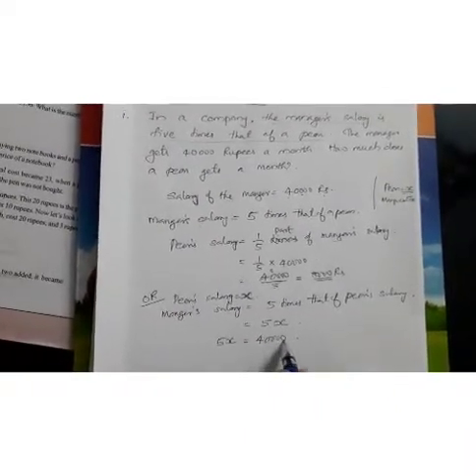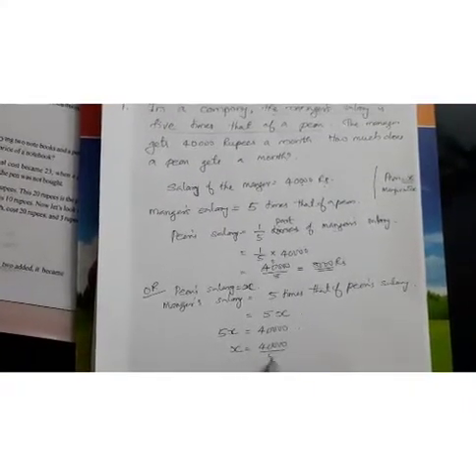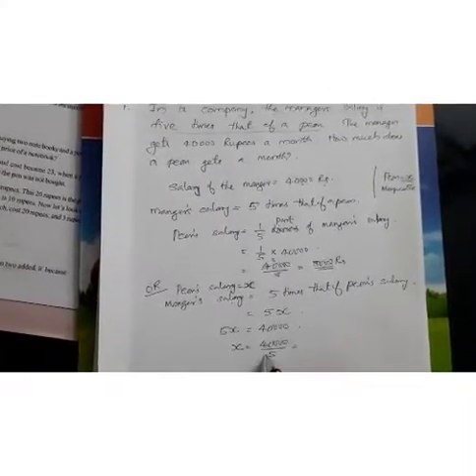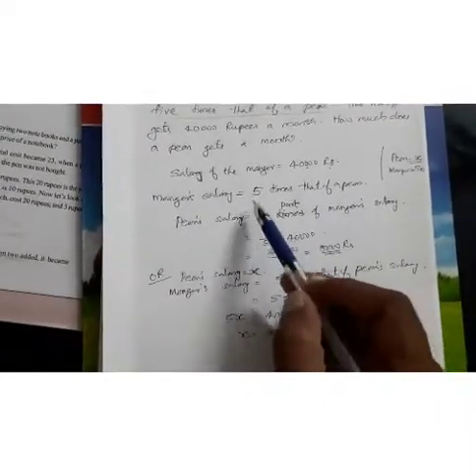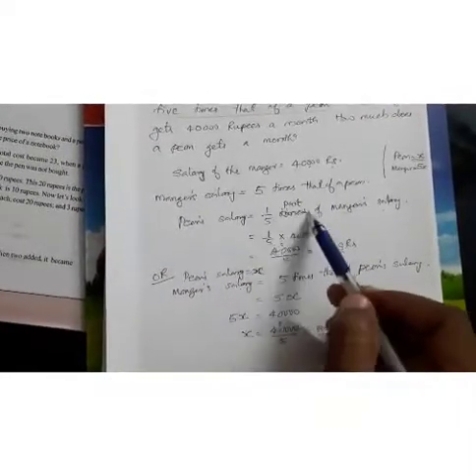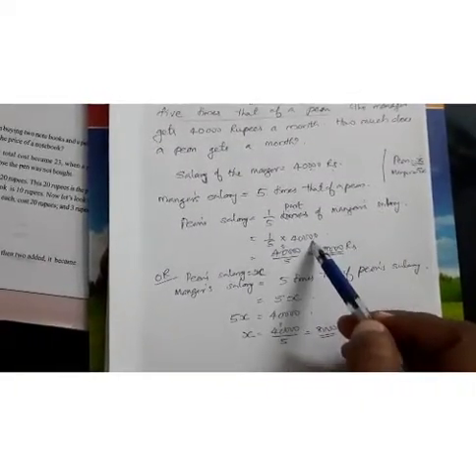The manager's salary is 5 times that of the peon, which is 40,000. So what is X? 40,000 by 5. 40 by 5 is 8, so 8,000 rupees. Either you can do it this way, or take 1 by 5 of 40,000.